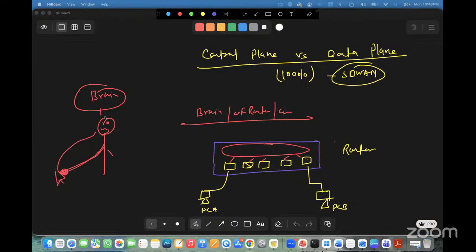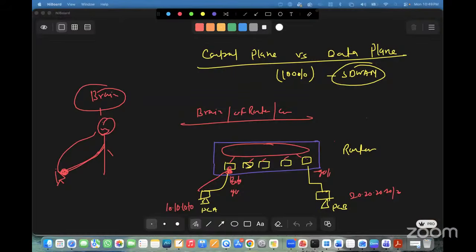Similarly in routers, switches, firewalls, any kind of device doing communication, the control plane is your brain, the nervous system. Let's suppose this router has the prefix 10.10.10.10 and wants to talk to 20.20.20.20. The very first packet is going to punt on the physical interface, maybe Gig 0/0, and this is Gig 0/1.